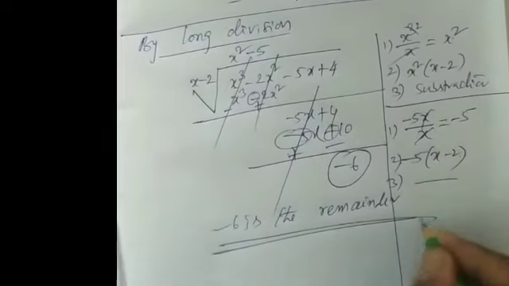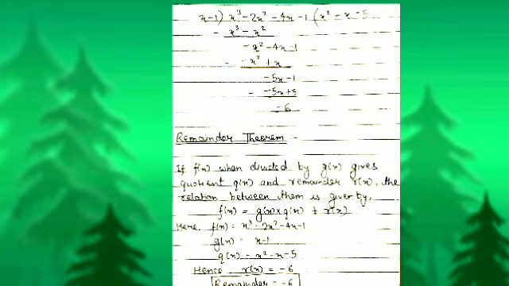So in both cases, long division as well as the remainder theorem, you got the same answer. Here one solved problem is given, see, it is written in detail. x minus 1 is the divisor, x cube minus 2x square minus 4x minus 1 is the dividend. In long division, step by step, you get minus 6 here also.